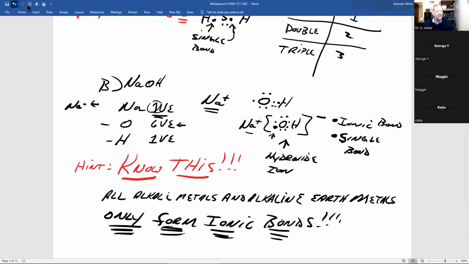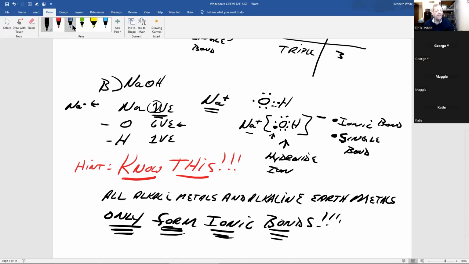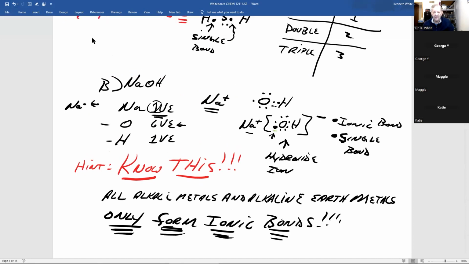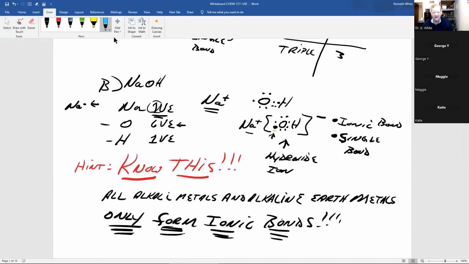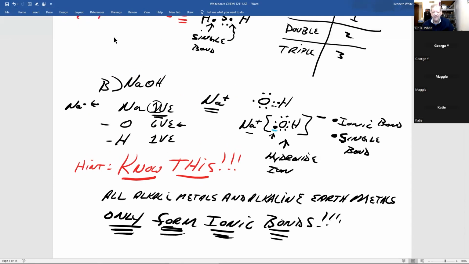And where does it get that? It gets that extra electron because this gets transferred over to here to form this. And that's how you do an ionic bond.